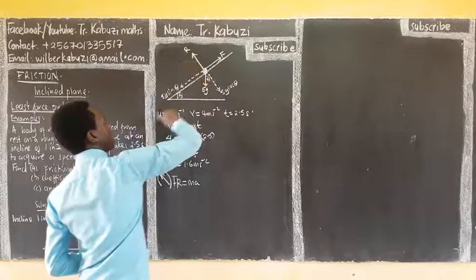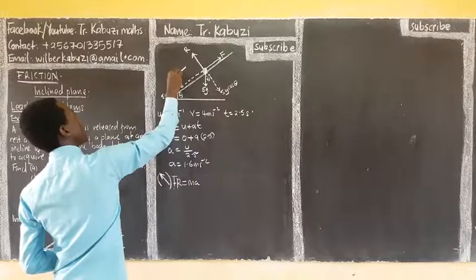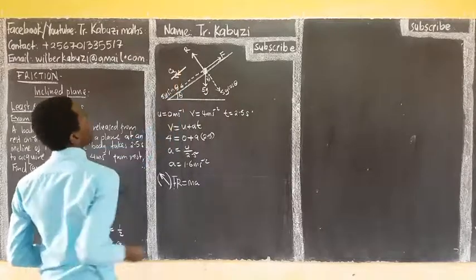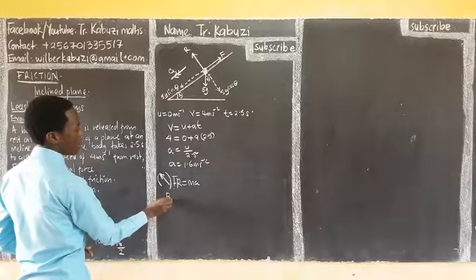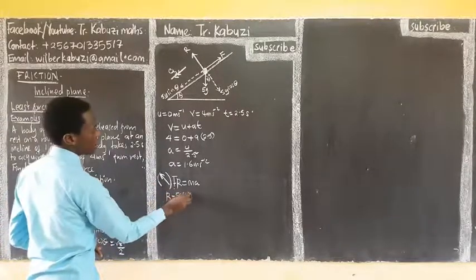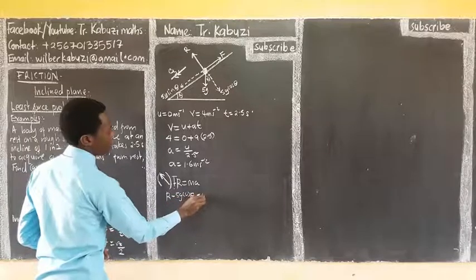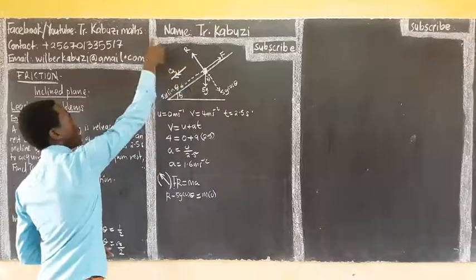The only acceleration we have is downward, so our acceleration is going to be in this direction, A. So this one is going to be R minus 5g cos theta equal to m times acceleration, because we don't have an acceleration like this.